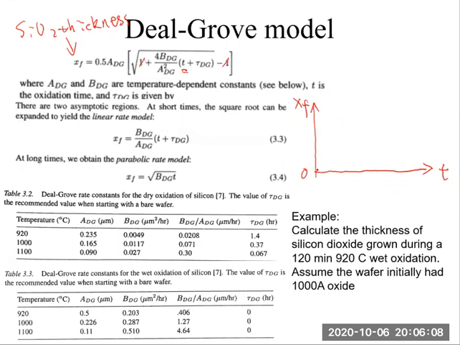Then initially it's linear. XF is a linear function of T. And eventually it becomes parabolic. So that's the XF versus T relationship.